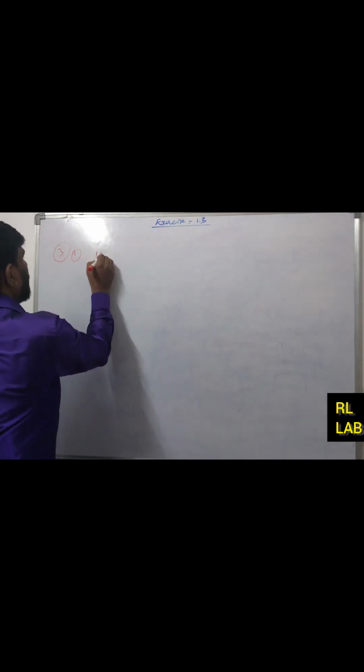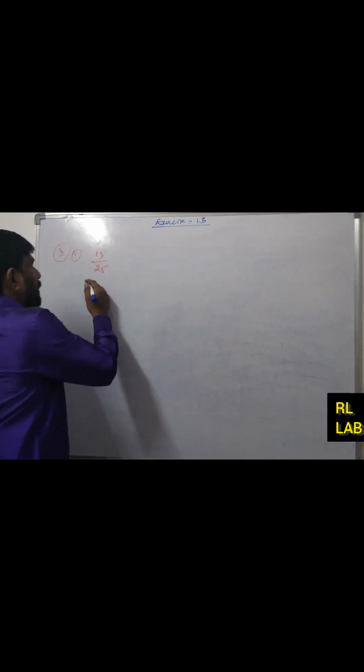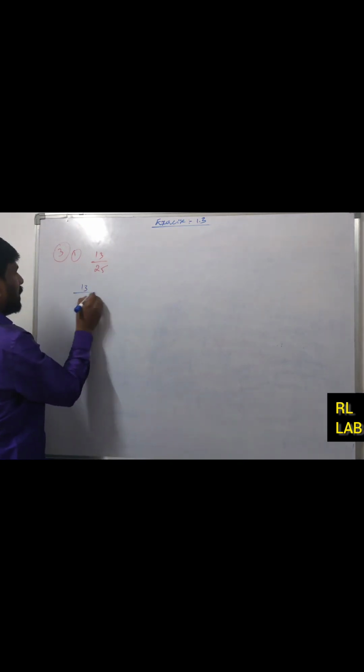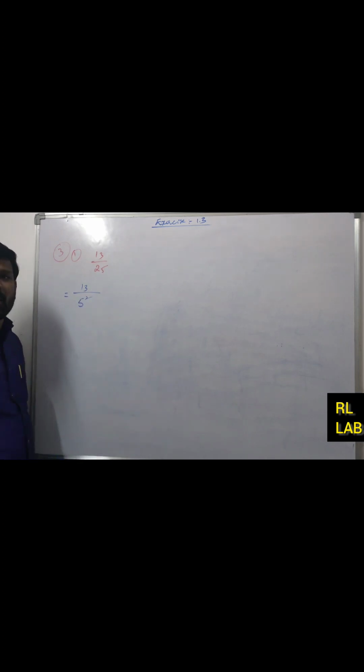Here 13 by 25 is the first one. In this case, how to find it? The same prime factorization you have to do. 13 by 25, that is 5 square, right?